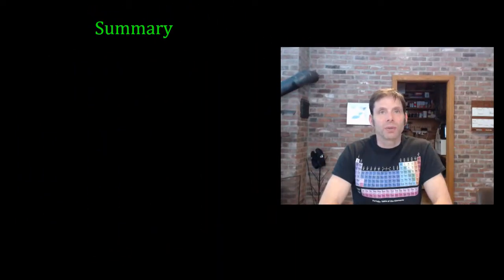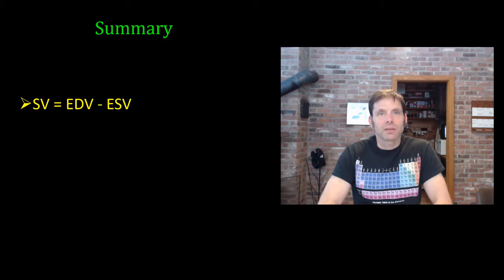So let's summarize what we've talked about today. First, stroke volume. Stroke volume is equal to end diastolic volume minus end systolic volume, or the volume of blood after the heart's finished filling minus the blood that's left in the heart after it's finished contracting. Whatever that difference is must have been pumped into the arteries.